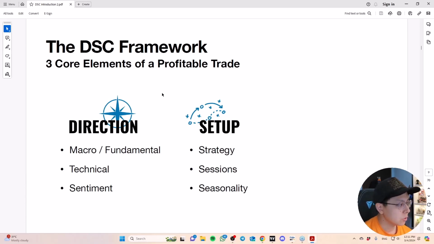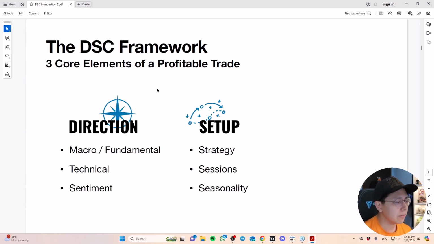So these two elements, the direction and the setup, if you can manage them well and have these two conditions in your trading plan, you would probably win a good chunk of trades.